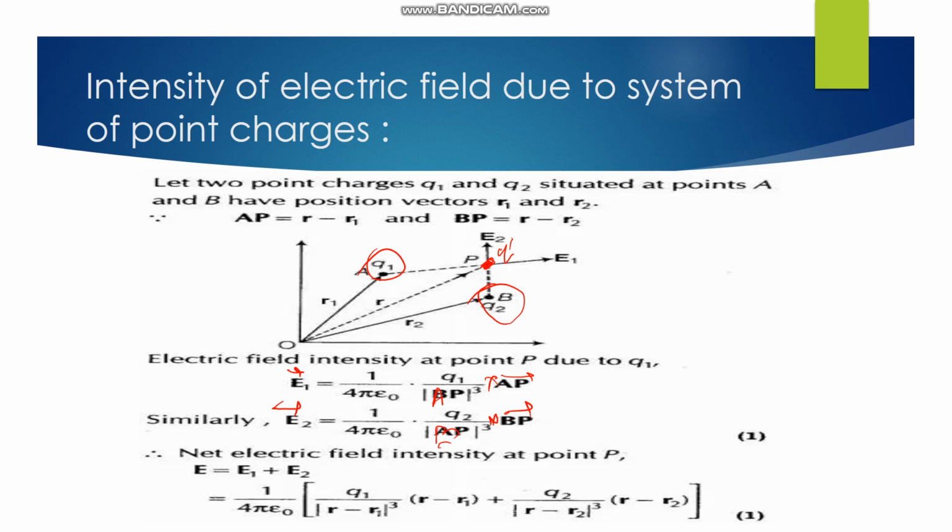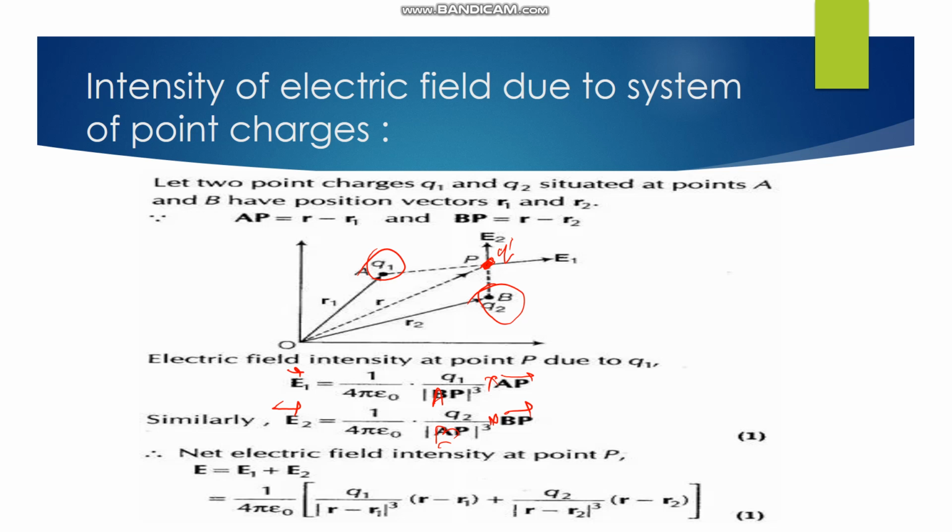Like that, if in place of these two charges, n number of charges are present in the system, we can find out the effect of all the charges at point P due to placing the test charge.